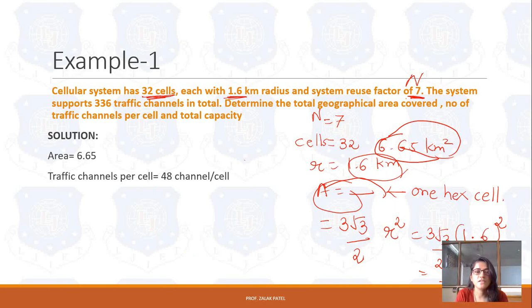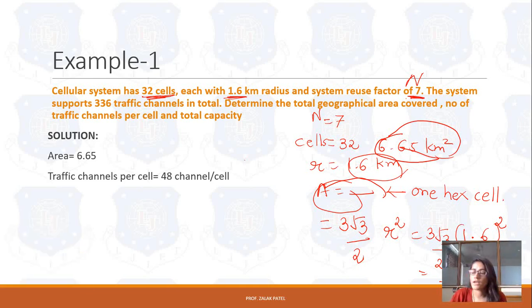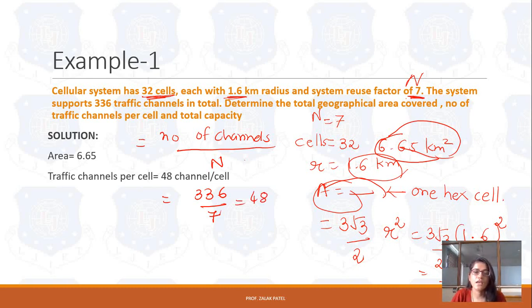So to find the number of channels per cell, we calculate the number of channels divided by the reuse factor n. That is 336 channels divided by 7, because the reuse factor is 7. It gives us the answer 48 channels per cell, which is the second answer.